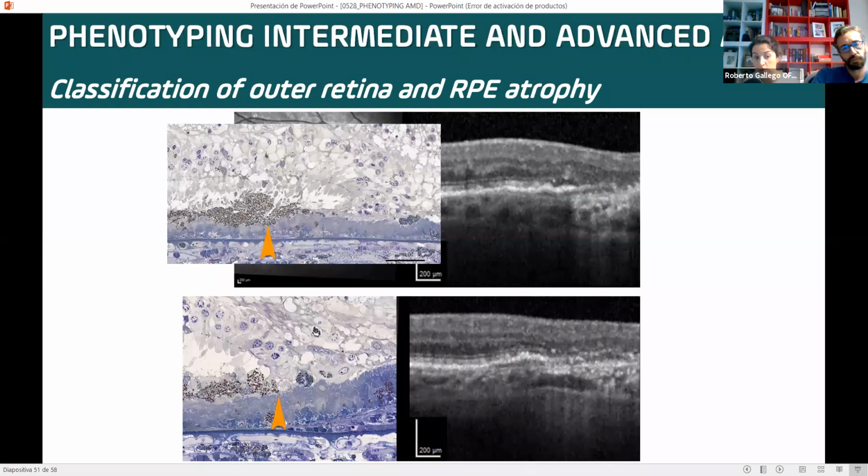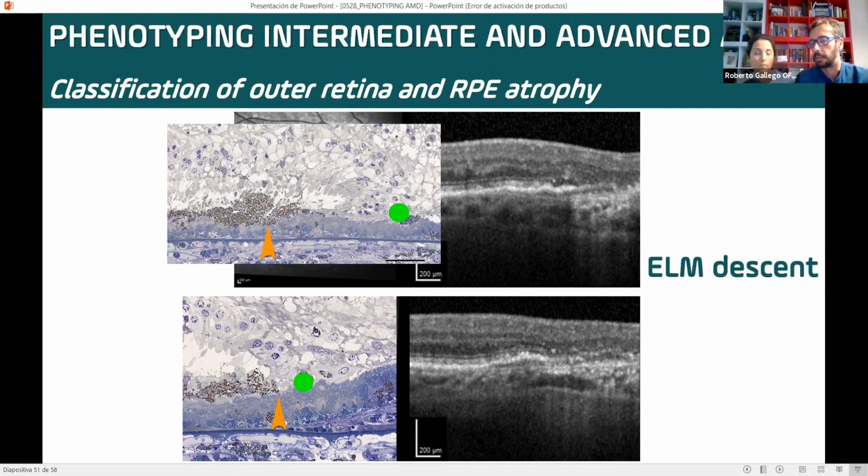What we described, because Dr. Curcio is used to using this kind of margin, is the ELM descent, which is the loss of the external limiting membrane in the areas of atrophy. So we delimit the areas of atrophy of the photoreceptors by this descent of the external limiting membrane.